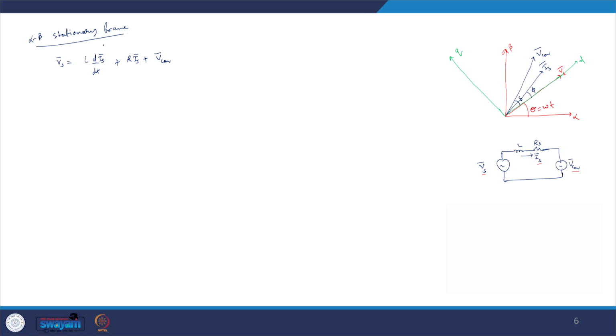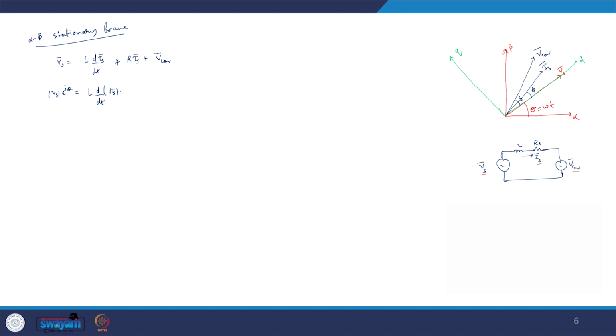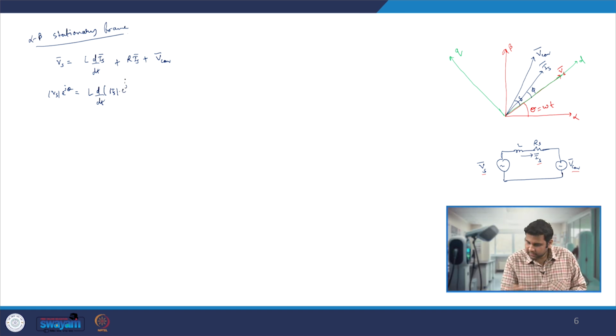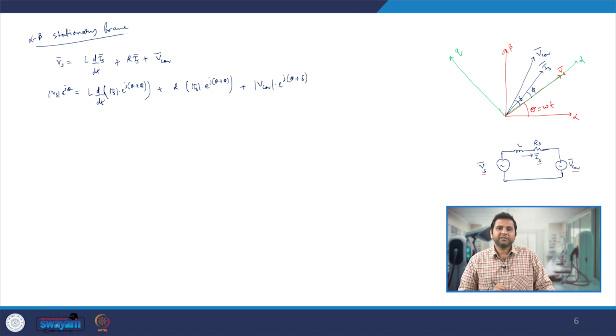Now, since I am writing it in the stationary frame, the Vs space vector in the alpha beta frame is Vs e raised to the power j theta, equals L d by dt of the amplitude of Is times e raised to the power j theta plus phi, plus R times the same, plus the V converter magnitude times e raised to the power j theta plus delta. So, this is our alpha beta stationary frame equation.